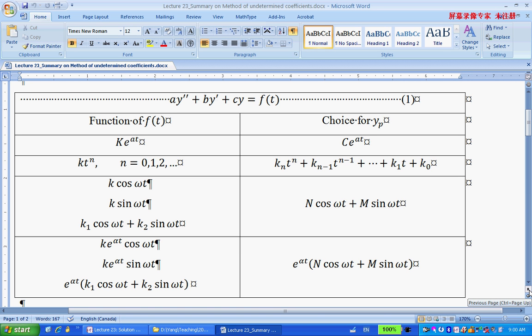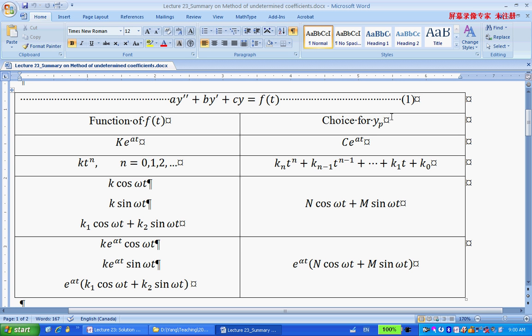Okay, so I said it's not a wild guess. So how do we make the guess then? Here is how you make this guess. Suppose this column here is what f of t, the right side of this second order ODE, looks like. The first one looks like an exponential function.